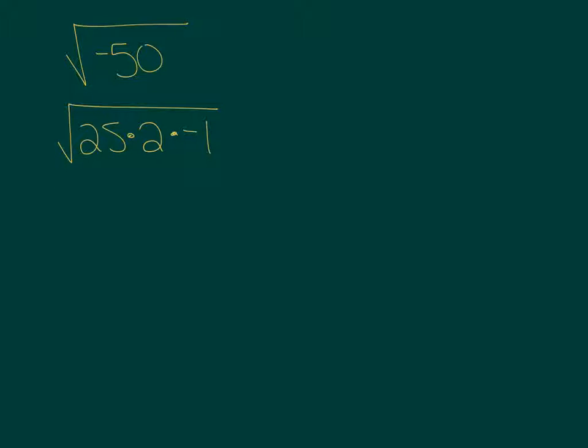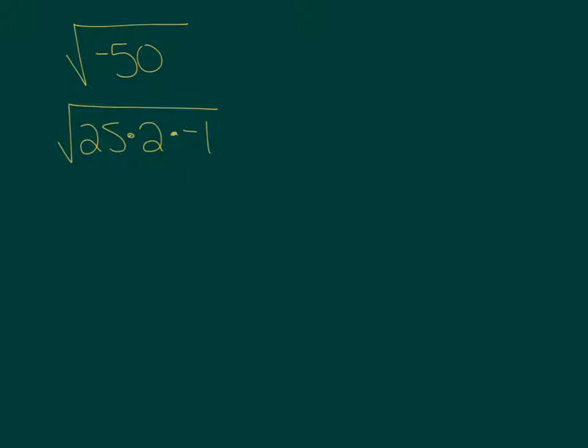So we're going to simplify square roots that are now going to be negative, and we're going to do it the exact same way we did before, except now i is involved. If I have the square root of negative 50, I ask myself what perfect square goes into 50? That's 25 times 2, but since it's negative, there's a negative 1. Well, I can take out my square root of 25.